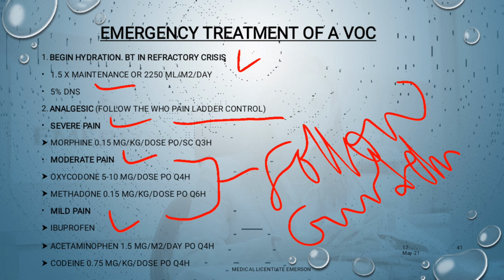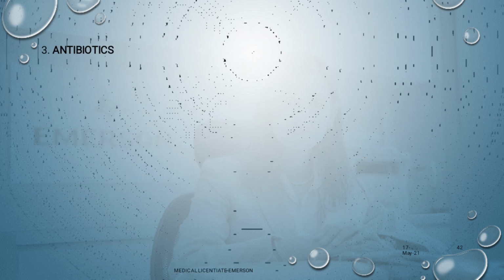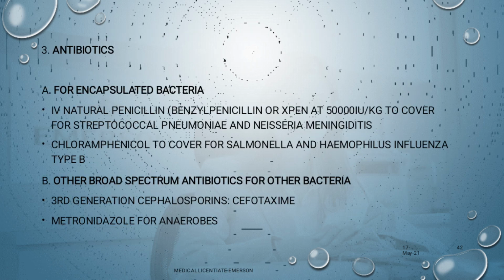Every 4 hours. Okay, then in terms of antibiotics, for encapsulated bacteria, IV natural penicillin such as benzyl penicillin or X-Pen at 50,000 international units per kg to cover for Streptococcus pneumoniae and Neisseria meningitidis.